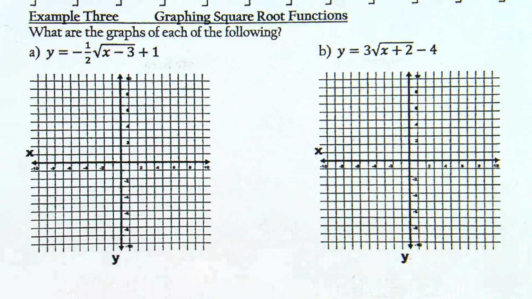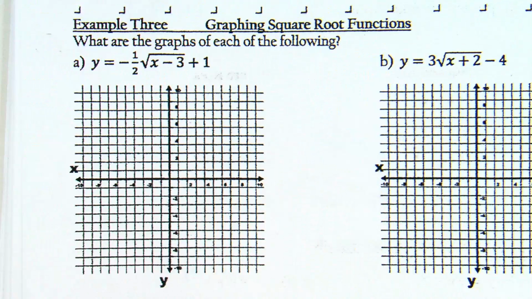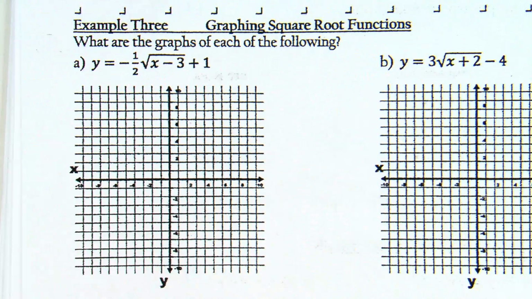Okay. So let's take a moment and identify what that little bit more going on is. y equals negative 1/2 square root of x minus 3 plus 1. What can you identify about this graph?